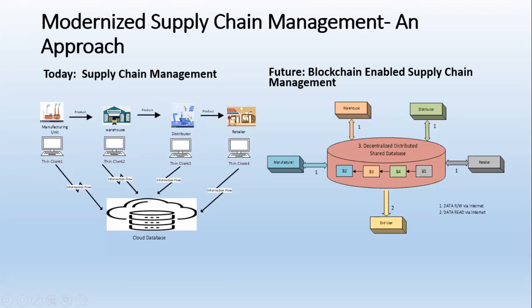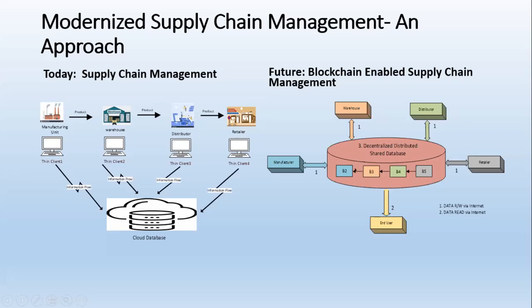Whereas if you look at blockchain-enabled supply chain management, there is no central entity here. Everything is managed and controlled by the blockchain network. Whatever information the manufacturer sends is converted into blocks, stored, and added into the chain of blocks. Similarly, for other parties, their information is converted into blocks and stored.